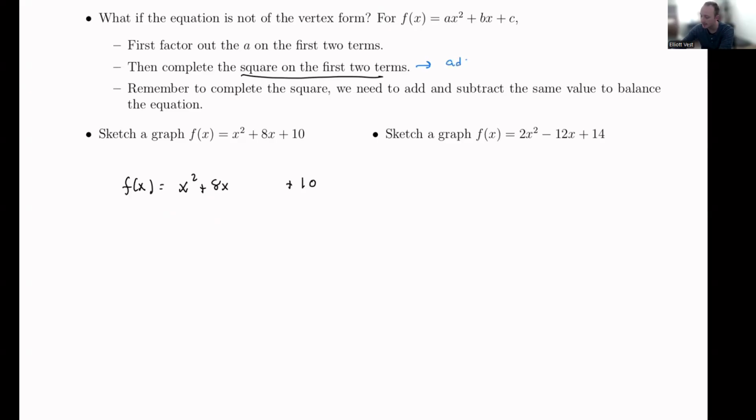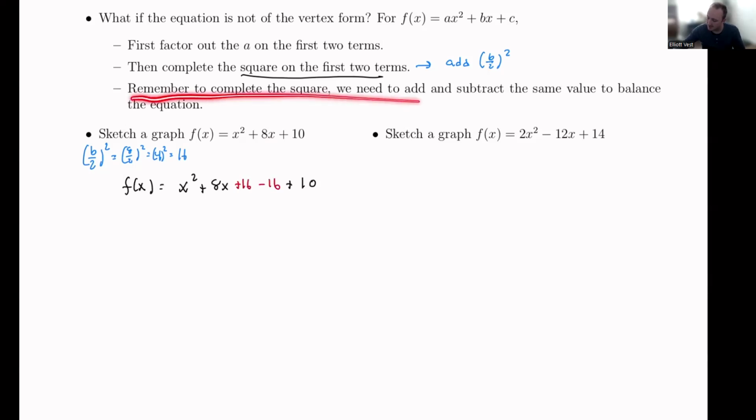And if you remember, to complete the square we have to add (b/2) squared. That's the number we add in these problems. So what is (b/2) squared in this problem? Well, b is your middle coefficient. So this is (8/2) squared, 4 squared, or 16. So I'm going to add 16 and then subtract 16.